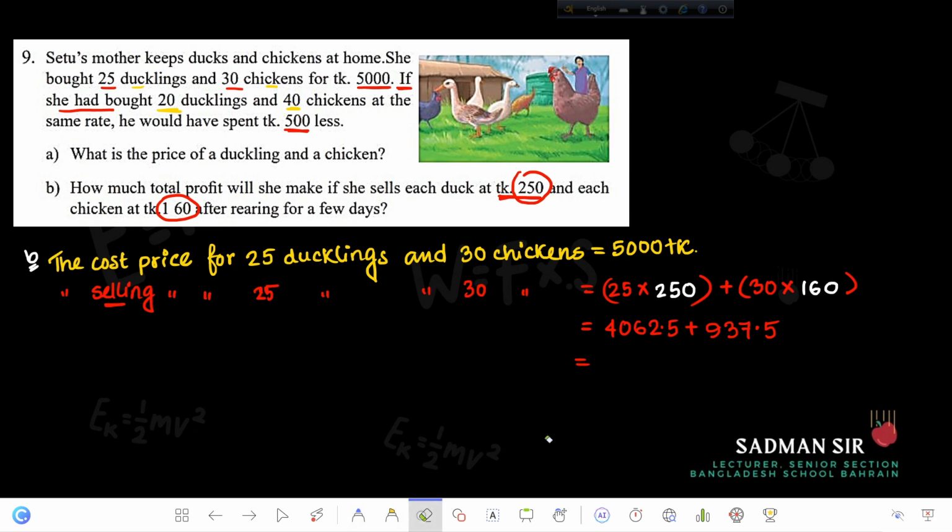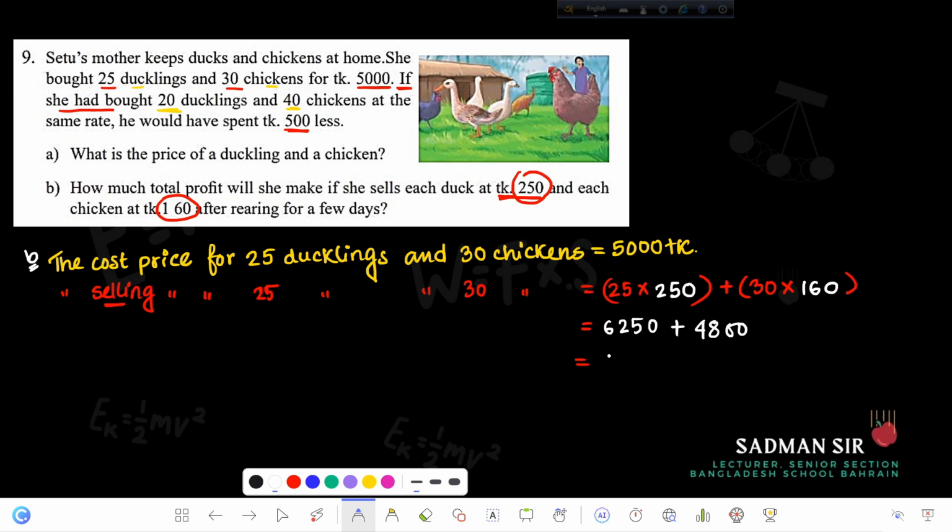Okay, then we need to redo the calculation, obviously. 25 into 25, I know that it will be 625, and there is a 0, so it will be 6250, plus here 3 into 16, that is 48, and then there are 2 zeros here, so 4800. If you add them up, let me add it up in the calculator. 6250 plus 4800 is 11,050 taka. So that is the selling price.